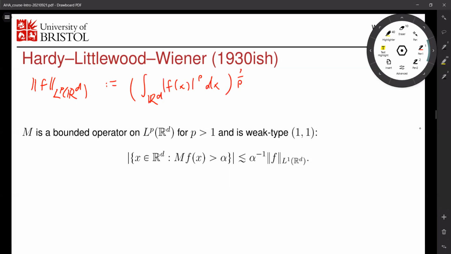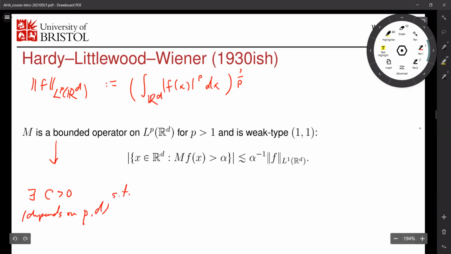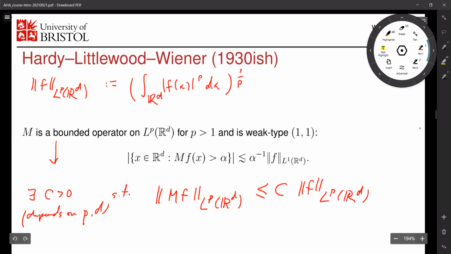And when I say that M is a bounded operator, what I mean is that there exists some positive constant, and this will depend on p and d, such that I have the following inequality for every function that has a finite L^p norm.